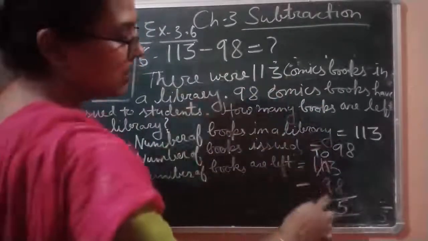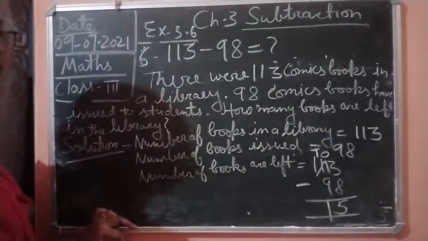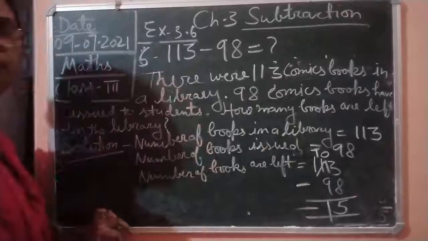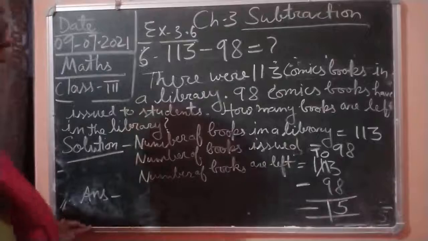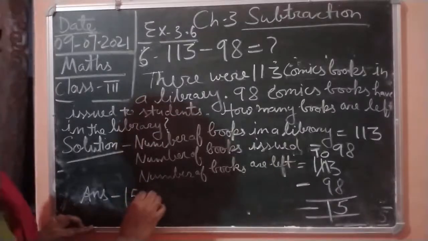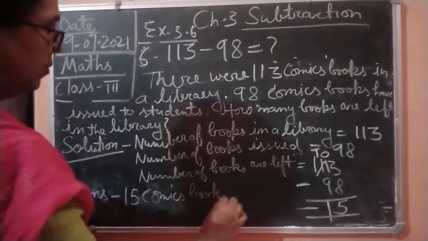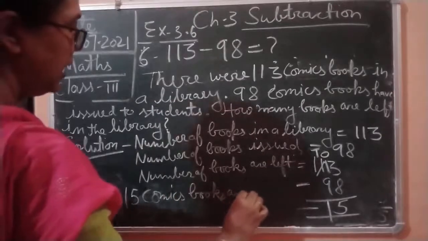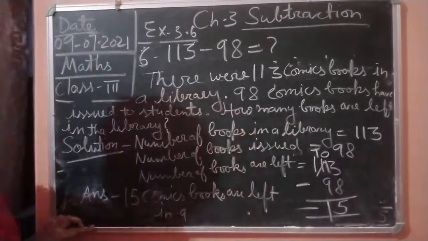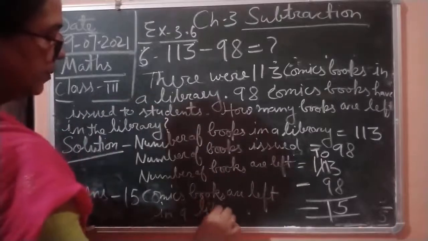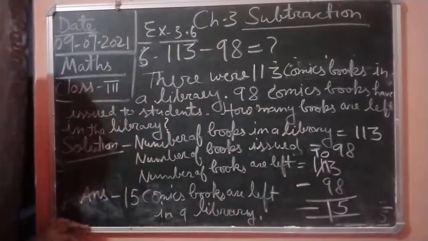So here 10 minus 9, and this is 15, and nothing is there. So 15, answer. Okay, answer: 15 comics books are left in a library. So there are 15 books left in a library.